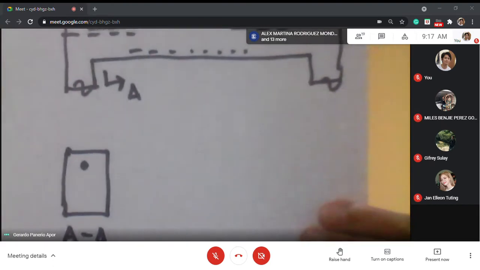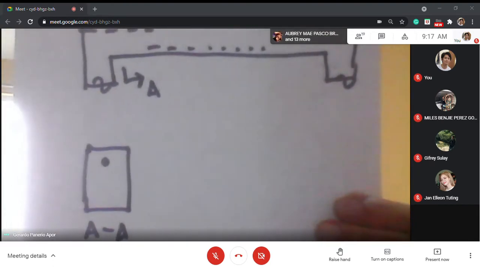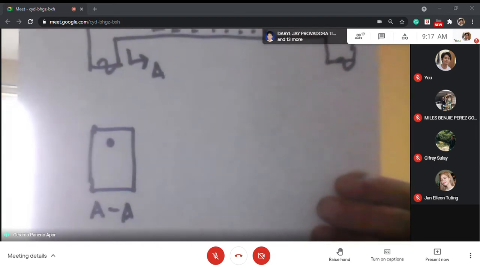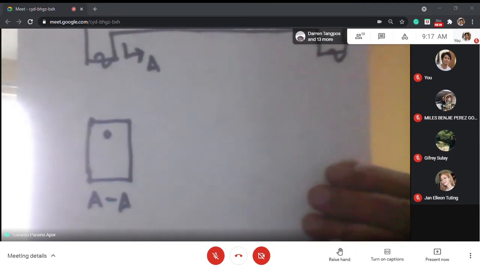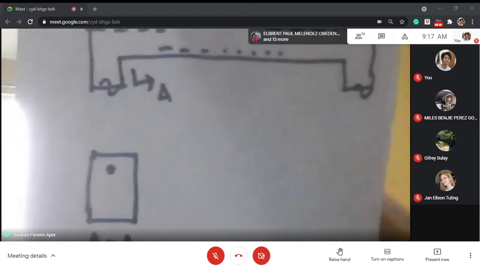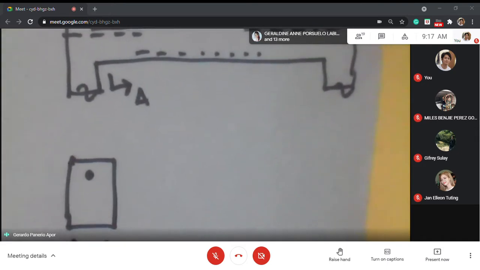Can you see? In section EA, the reinforcement is at the top, the main reinforcement. So there is no reinforcement at the bottom. Why? Because if you refer to the curve, it's compression at the bottom.